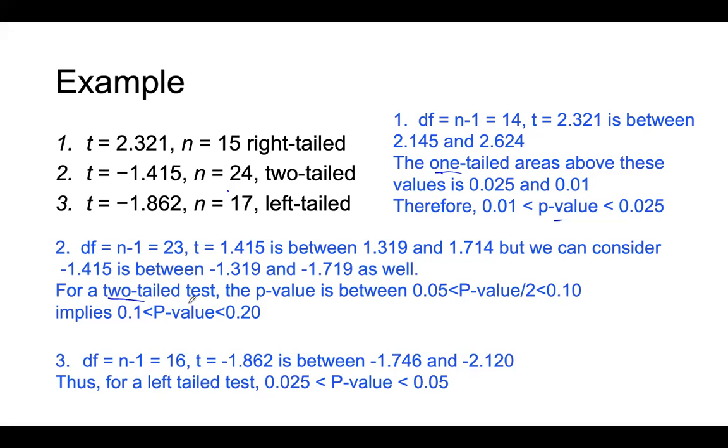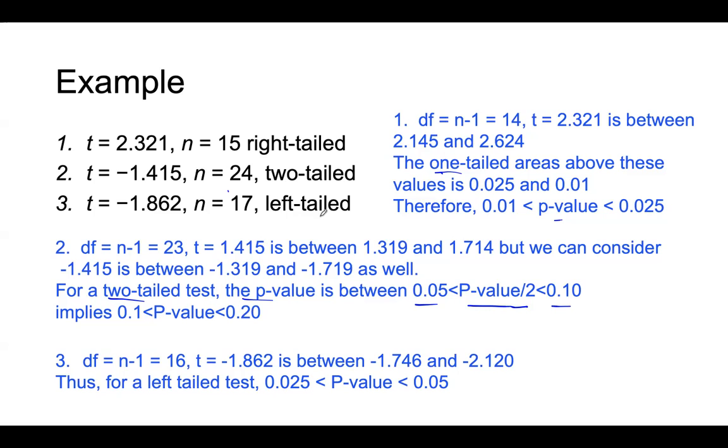Because this is a two-tailed test, the p-value is between those bounds, but what changes is the p-value is divided by 2. So we multiply the left side, the middle, and the right side by 2, and we get 0.1 as the lower bound and 0.2 as the upper bound.